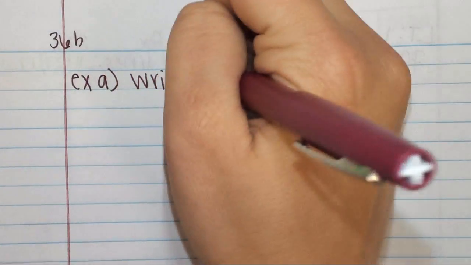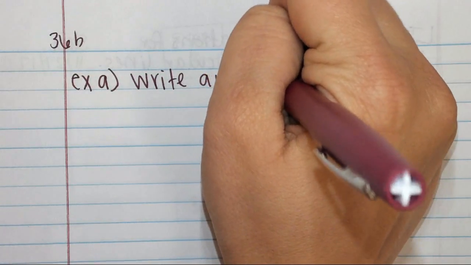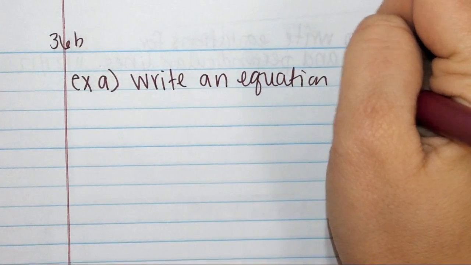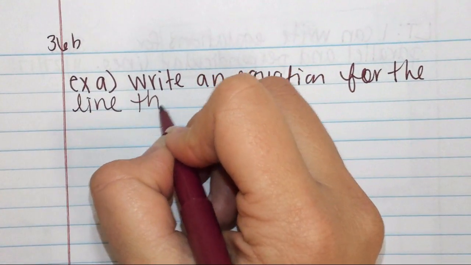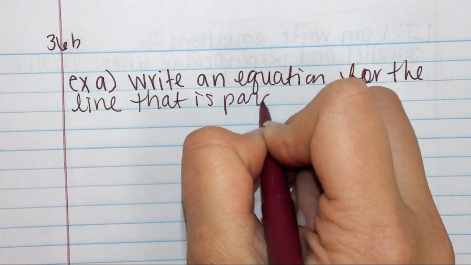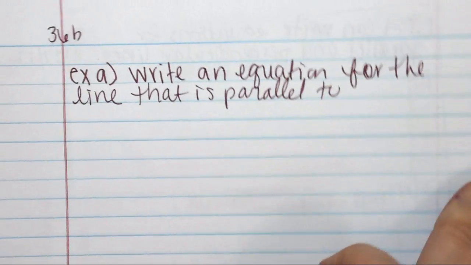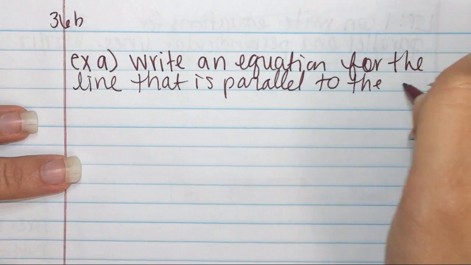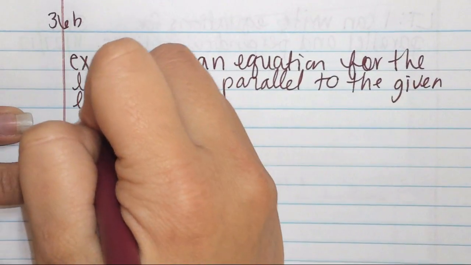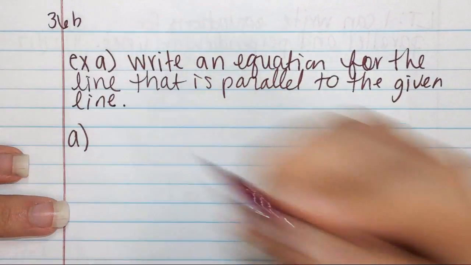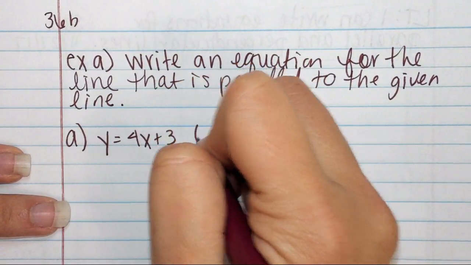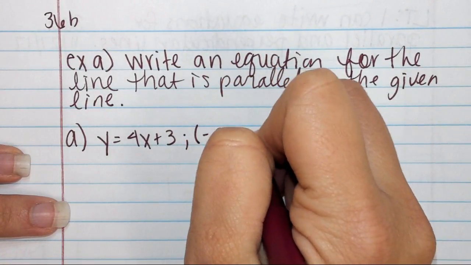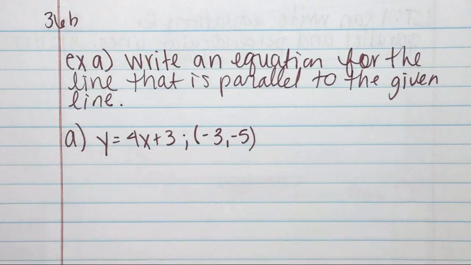We're going to call this example A. Write an equation for the line that is parallel to the given line y equals 4x plus 3, and it passes through -3, -5. I guess I should have written and passes through the point. It's fine. You know what to do.